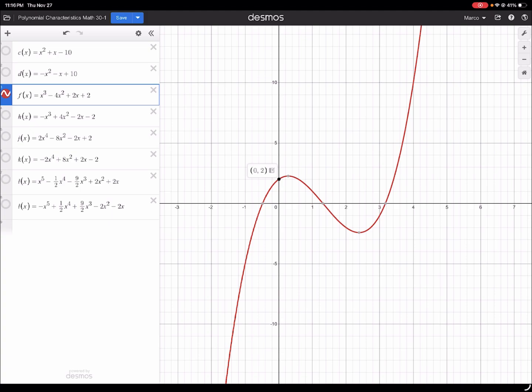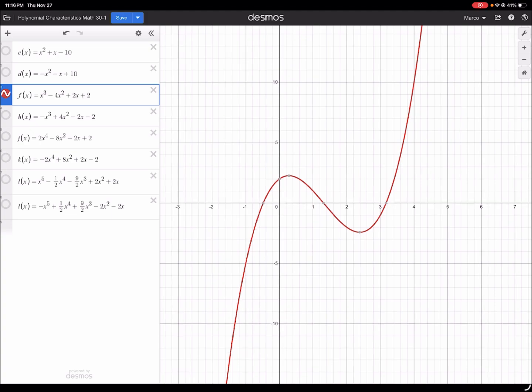Now, look at the end behavior here. This is what we call an odd degree polynomial because the highest degree of all the terms is 3. And 3 is an odd number. So we call this an odd degree polynomial. Odd degree polynomials are slightly different than even degrees because the end behavior is in opposite directions. So as x approaches positive infinity, my y values are increasing, approaching positive infinity.